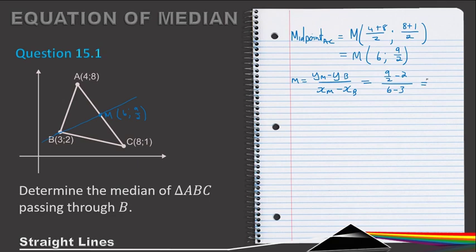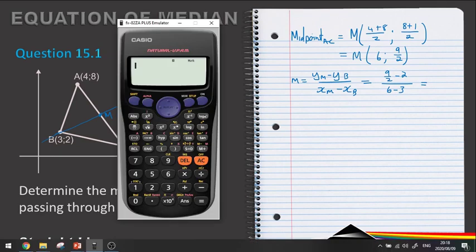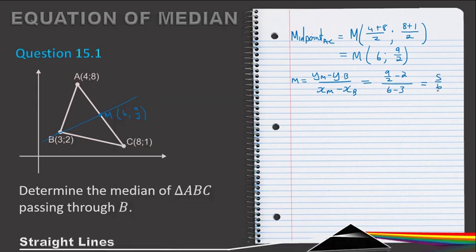And let's just put that into the calculator. Then we have our brackets, and then we make another bracket where we have fractions, 9 over 2 minus 2 over 6 minus 3. And that gives us 5 over 6. So 5 over 6 is our gradient.